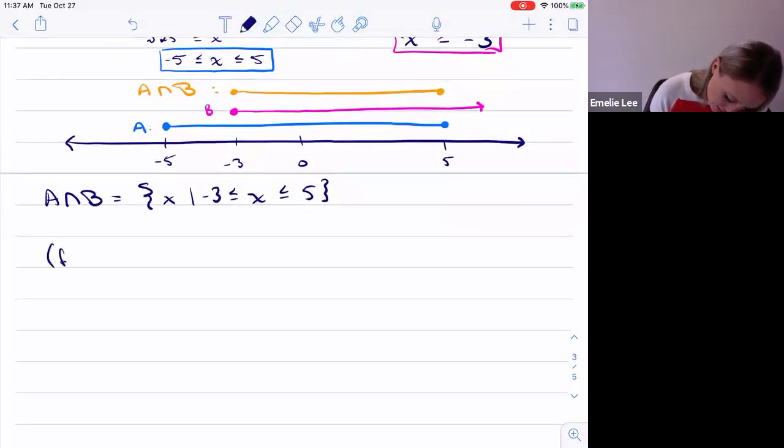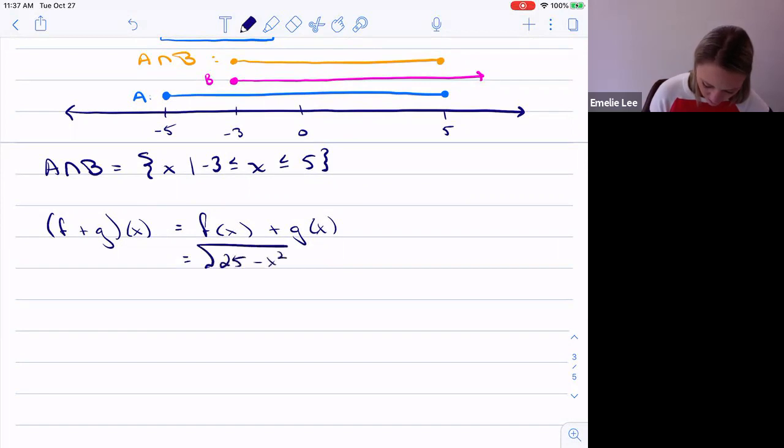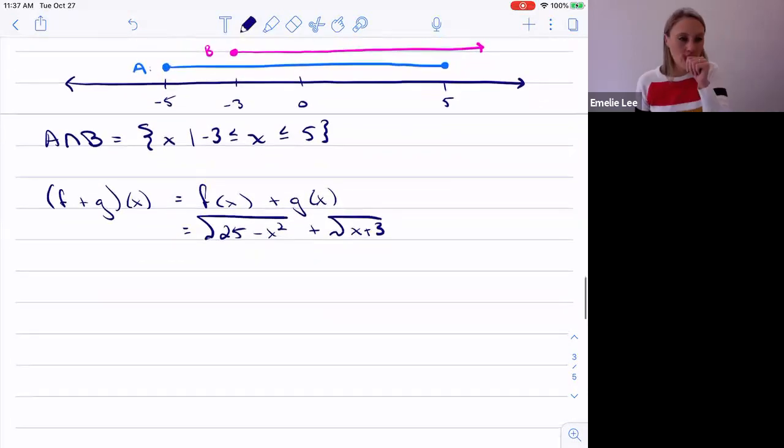So f plus g of x is the same as f of x plus g of x. I've got the root of 25 minus x squared plus the root of x plus 3. Now, I'm not seeing a simple way to simplify this.